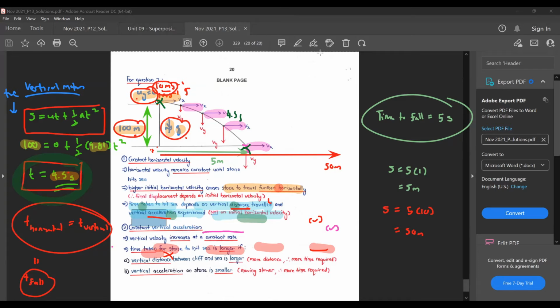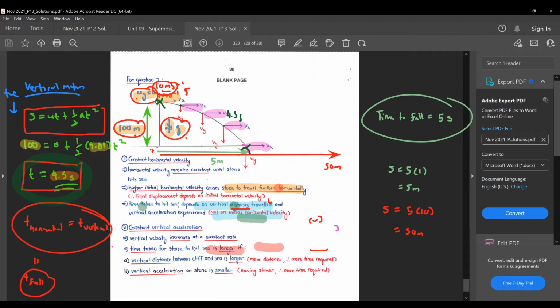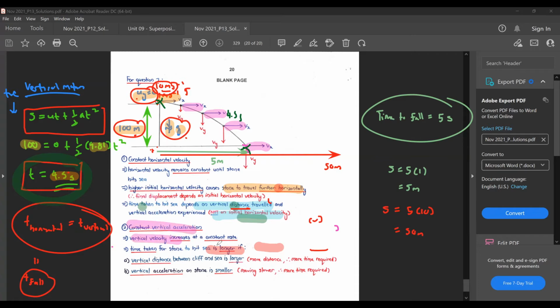Okay, now there's also one case I haven't considered for you yet, the part where we're talking about the vertical acceleration. When your air resistance is negligible, you have constant vertical acceleration. So your vertical velocity tends to increase at a constant rate.